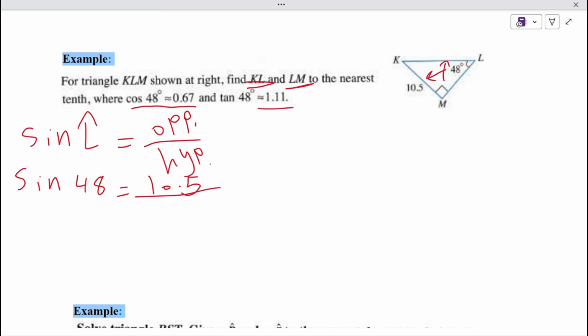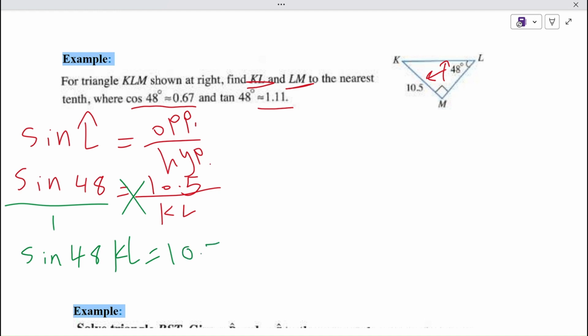So let's calculate it by multiplying them. Sine 48 times KL is equal to 10.5.